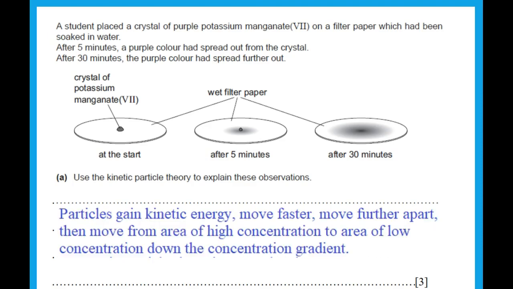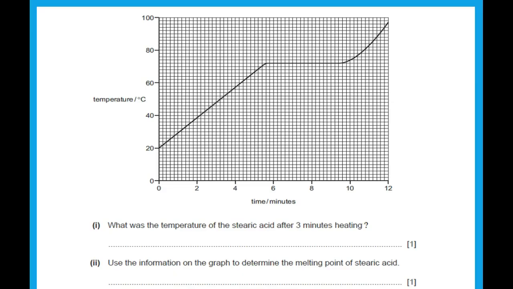So what you need to explain is that particles gain kinetic energy, move faster, move further apart, then they move from an area of high concentration to an area of low concentration down the concentration gradient, and this is the process of diffusion. Do we understand all of this?